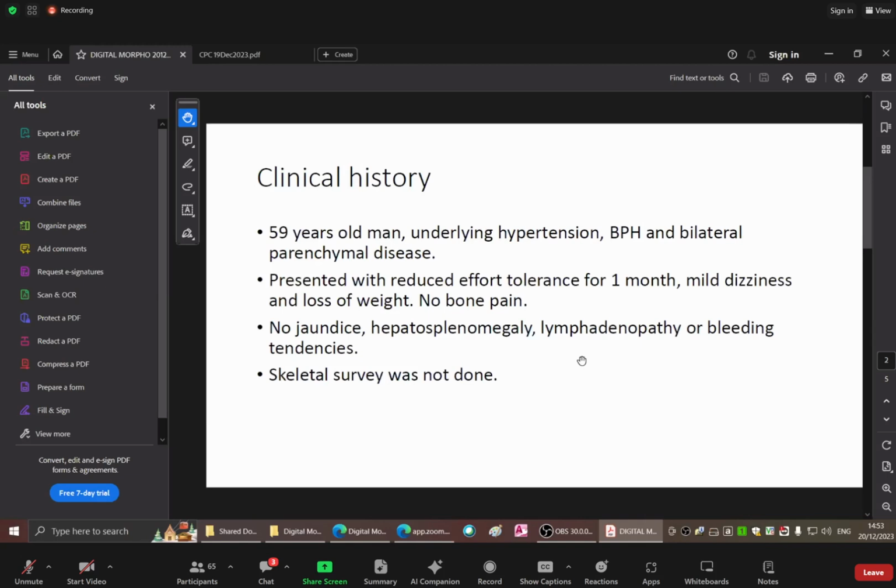Yeah. Somebody mentioned whether the genetic mutation MYD88 was done or not. It was not done. I checked this patient, because this patient is from Sandakan. The last follow up was in August or October.